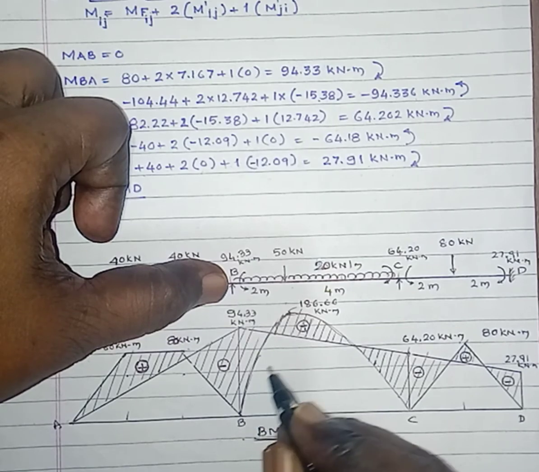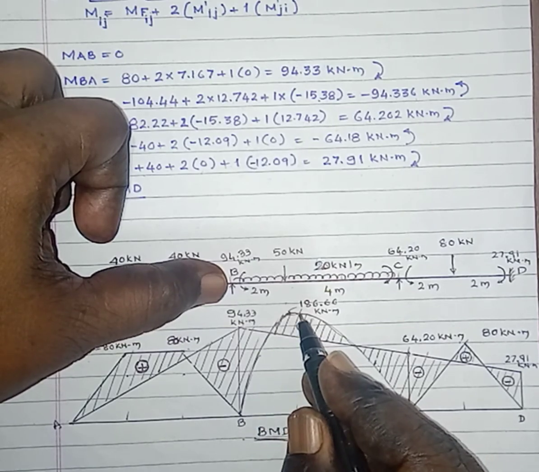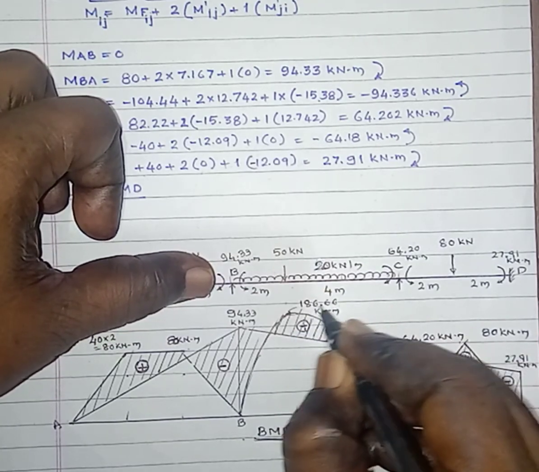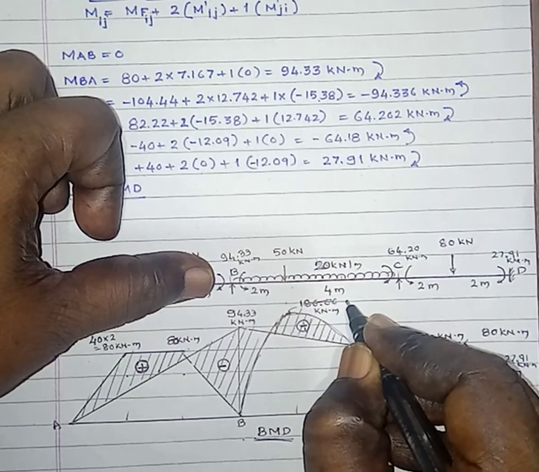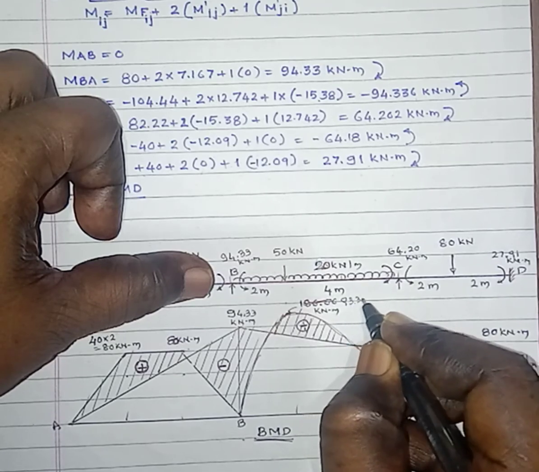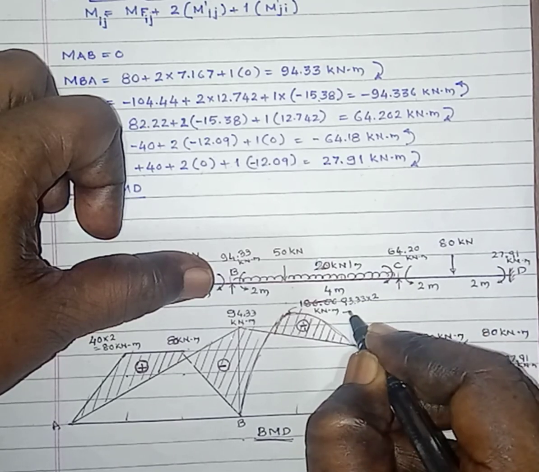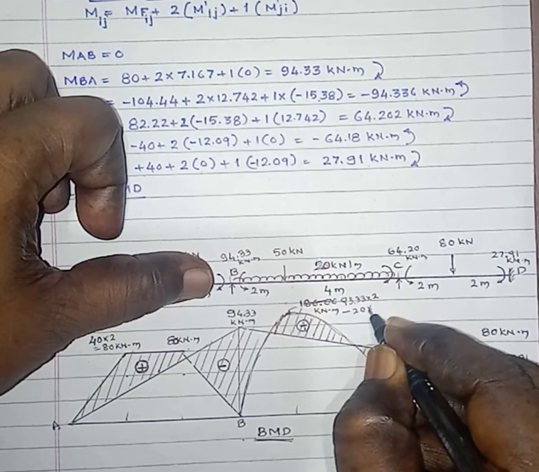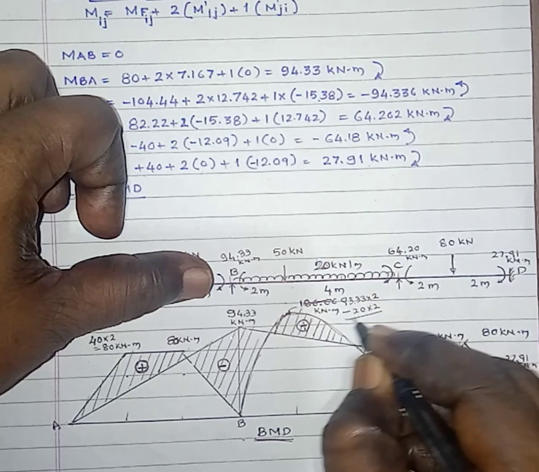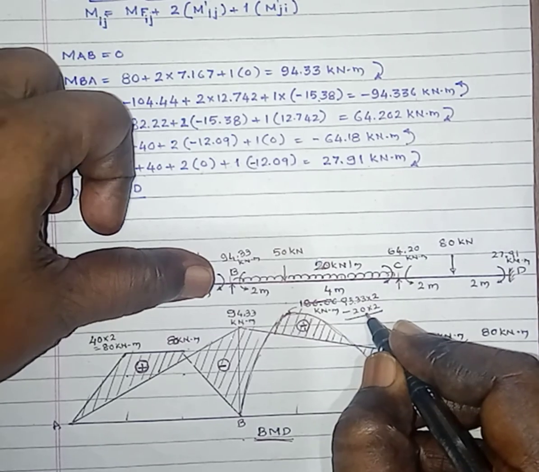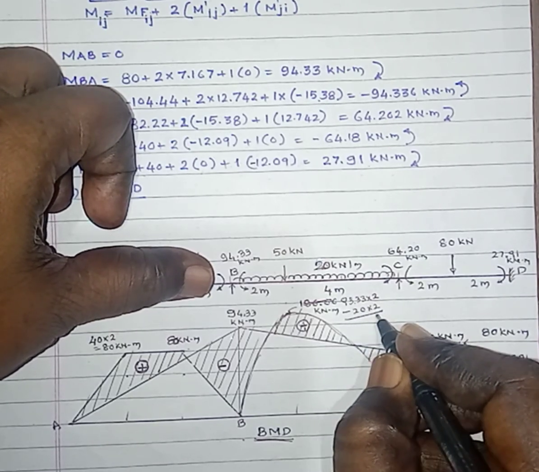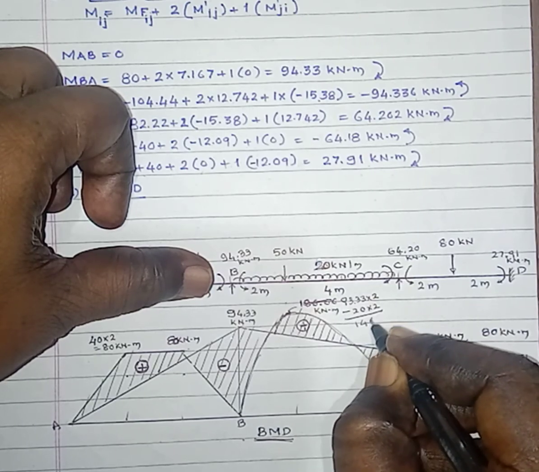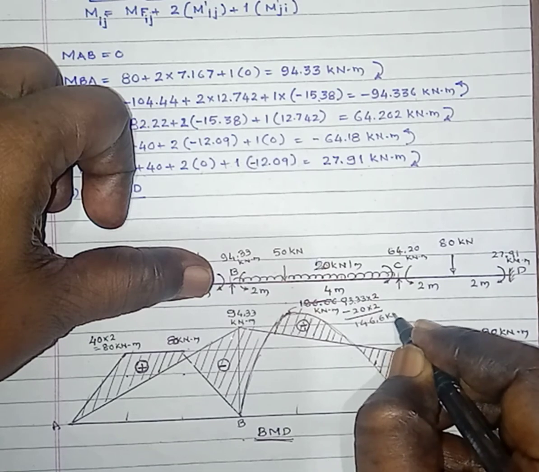Then 93.33 into 2, minus the UDL contribution, that is 20 into 2, that one equals, here the net bending moment is 186.66 minus 40, that one is 146.66 kilonewton meter.